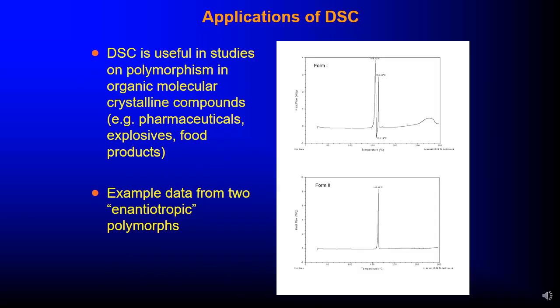So differential scanning calorimetry is useful in studies of polymorphism in organic molecular crystalline compounds, for example pharmaceuticals, explosives, food products. So you can see example data from two enantiotropic polymorphs.